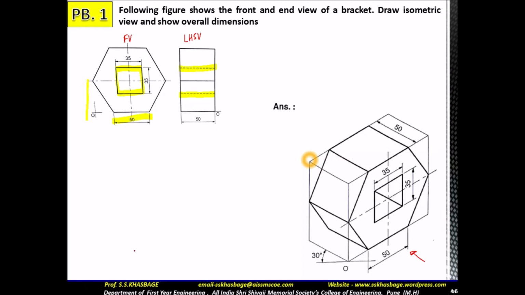So the only information we know is the side. So first we draw the side which is having a length of 50 mm. Suppose this is the side AB which is having a length of 50 mm. Then from this A and B end we have to draw two 60 degrees inclined lines, which are also having a length of 50 mm.